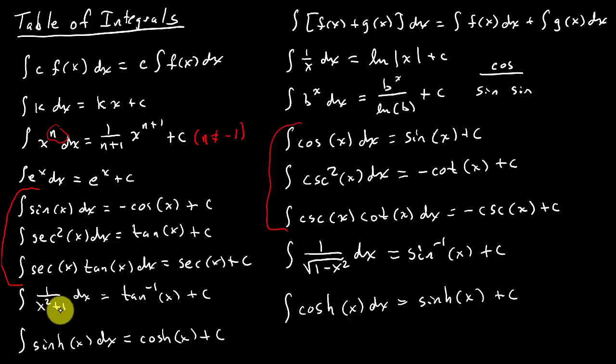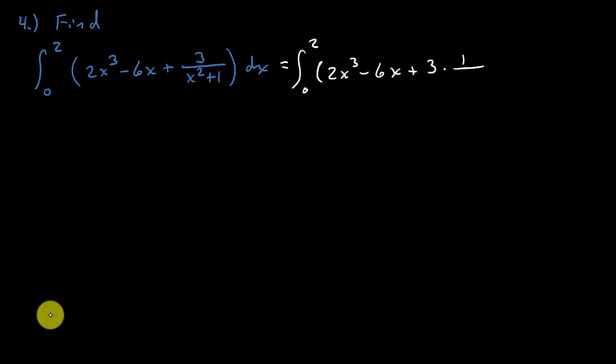Well, see, there's the 1 over x squared plus 1 right there. All right, so let's go back, and that's going to be x squared plus 1 dx.